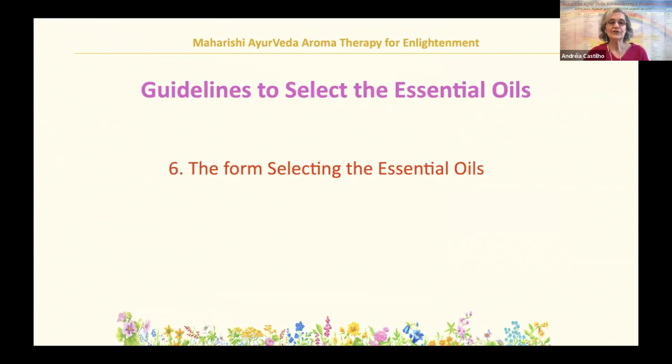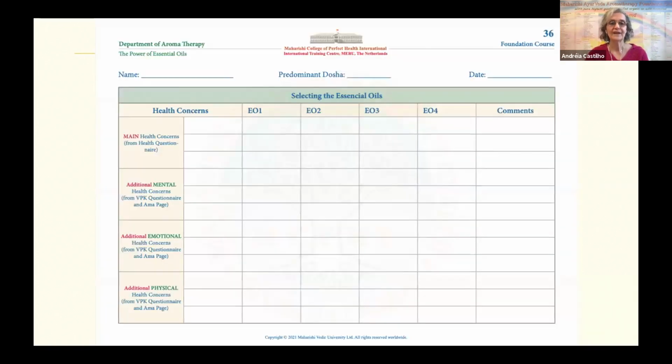And then we start to use a form that was specially created to serve as a step in the guidelines for selection to make your life easier and allow you to look at the whole picture. And this is the form, selecting the essential oils, where you list all the imbalances, the health problems that the person may have, like main health concerns, mental, emotional, physical.